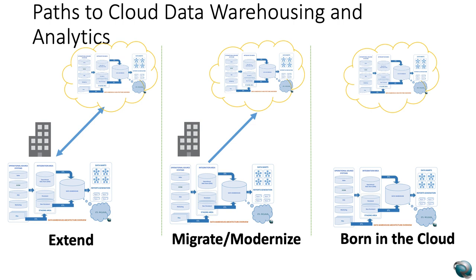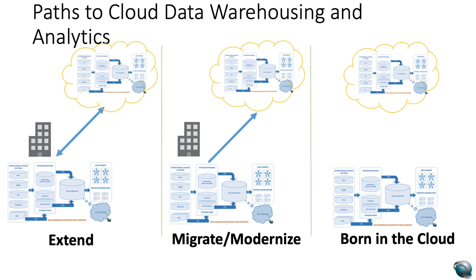So there are three different ways, or I would say paths, to the cloud data warehousing environment to perform your analytical operation. Option number one is to extend your current traditional environment. What you see here in the picture is our traditional data warehouse architecture. And if there are any cloud environment sources or targets, like Salesforce or Facebook, it's just one or two source systems, a cloud-based source system or a cloud-based target.